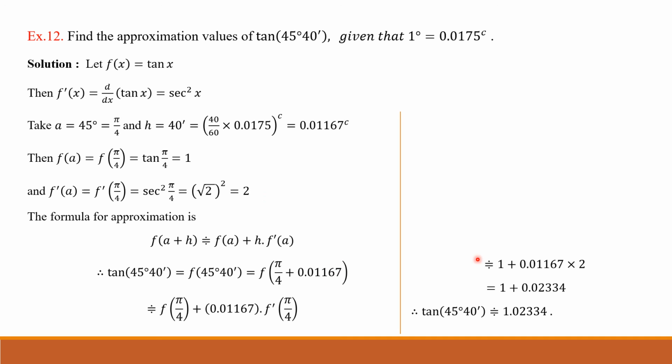The value of f dash of pi by 4 is 2, so 1 plus the multiplication, which is 0.02334, and adding we get 1.02334. Hence, the approximation value of tan of 45 degrees 40 minutes is equal to 1.02334.